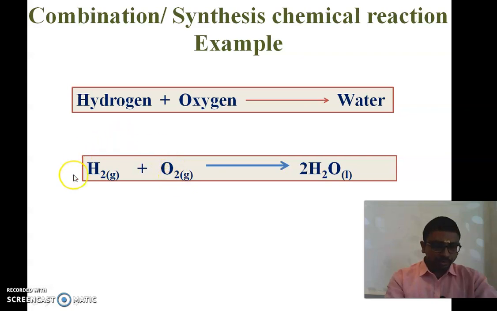These are two chemical species. They combine to form a single compound, that is water, H2O. The water is in the liquid state. This is the second example for a combination or synthesis chemical reaction.